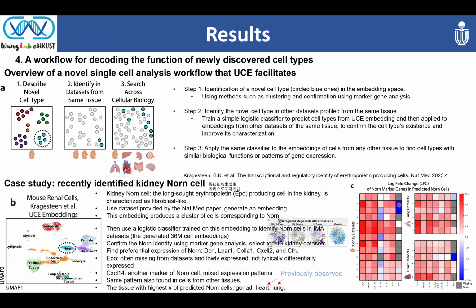This is lowly expressed. So they mention that this marker gene is not typically differentially expressed. And for another, CXCL14, this column shows a mixed expression pattern: in some data sets it is high and in others low.